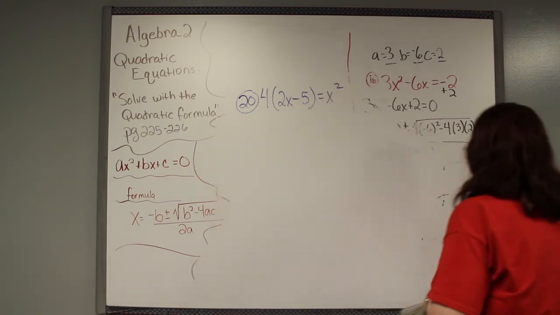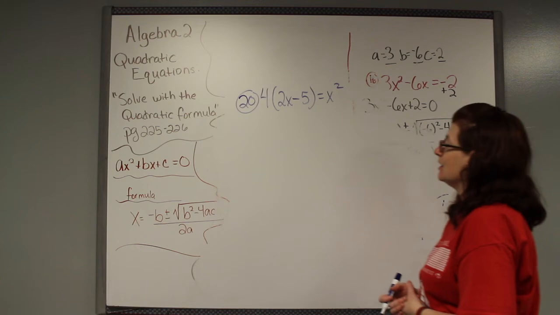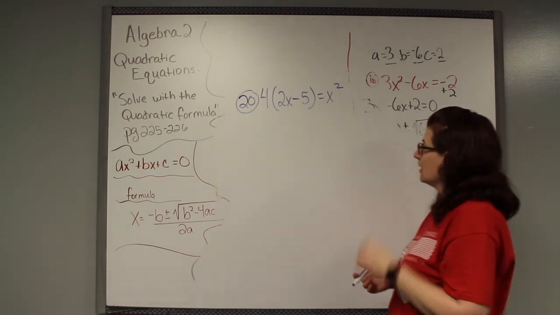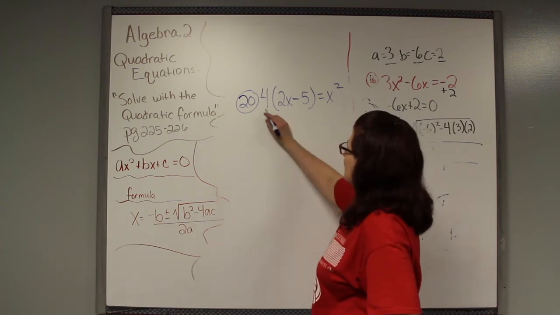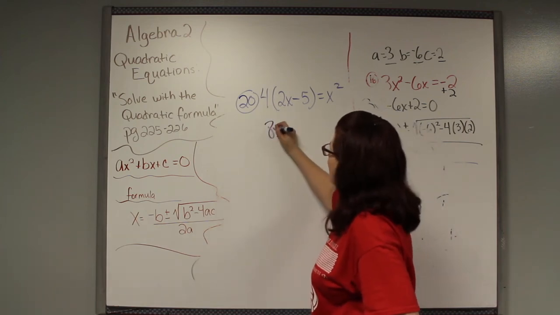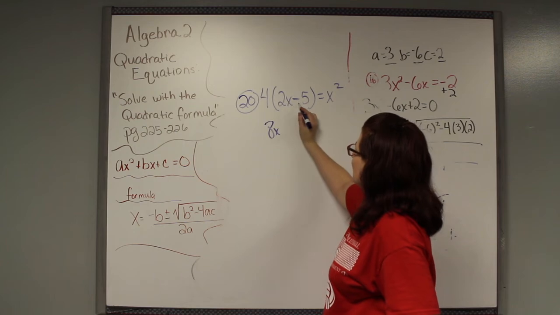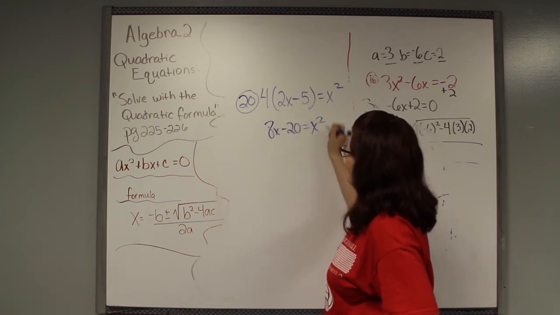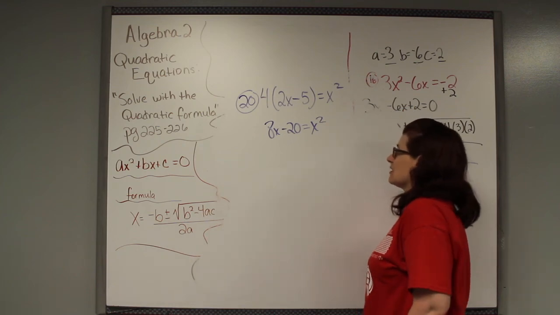Okay, so first of all, we need to apply this 4 and do the multiplication so that we can put this in correct terms. So 4 times 2x would be 8x, and then 4 times -5 would be -20 equals x squared. And now we're going to move this around a little.